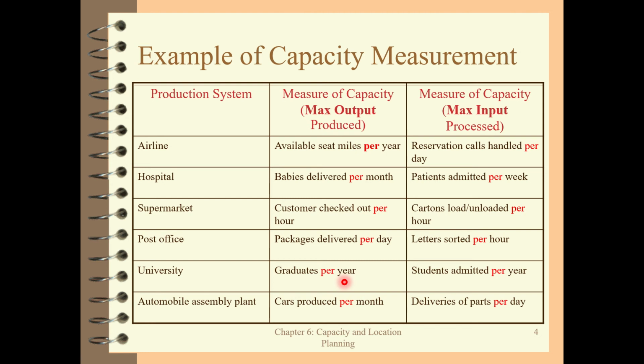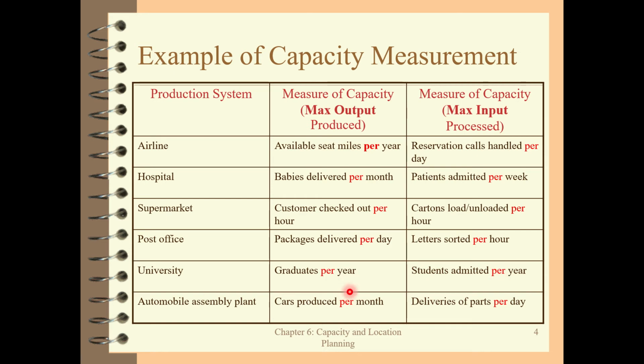If I just say that this year the university produced 5,000 graduates, it doesn't say anything about the maximum number of output that could be produced. So in that case, the number 5,000 does not count as the capacity of the system, right? If we talk about the input, don't forget the word maximum again: the maximum number of students admitted per year.